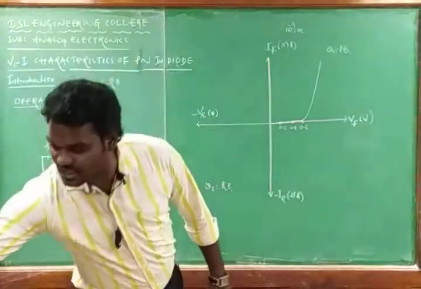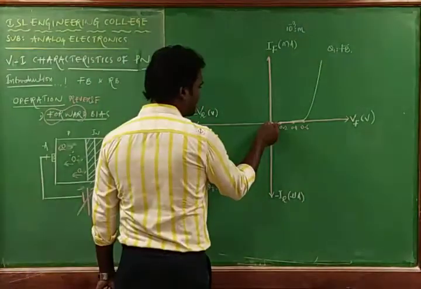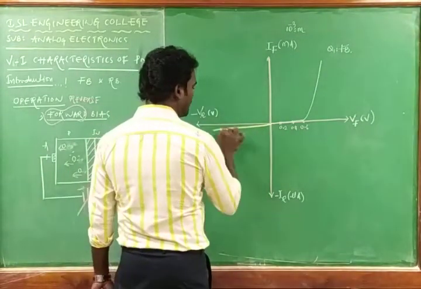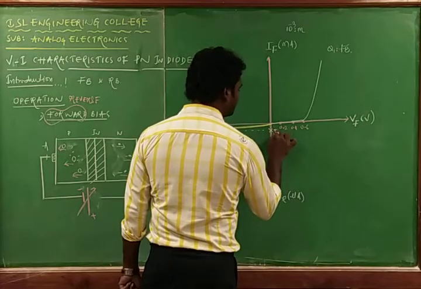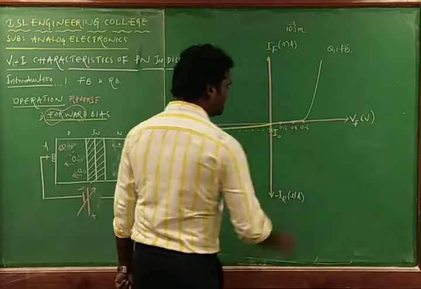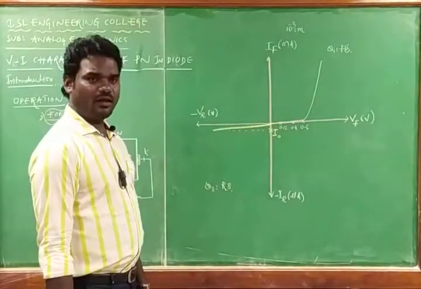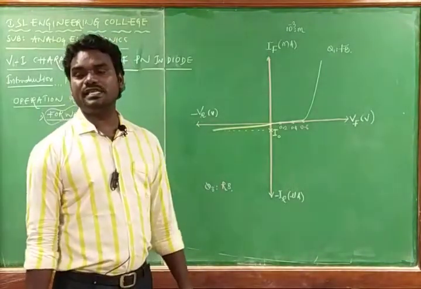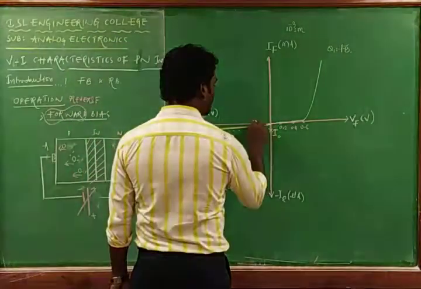That current is named the leakage current or reverse saturation current, and it is denoted with I naught. This reverse saturation current, or leakage current, occurs in reverse bias mode at higher voltages.